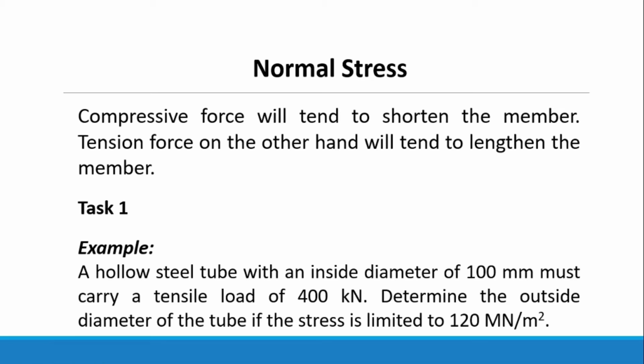So, example: a hollow steel tube with an inside diameter of 100 mm must carry a tensile load of 400 kN. Determine the outside diameter of the tube if the stress is limited to 120 meganewton per meter square.